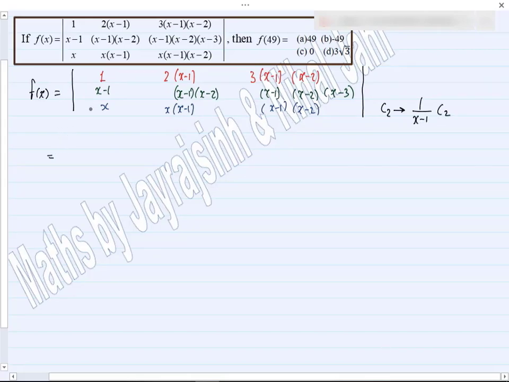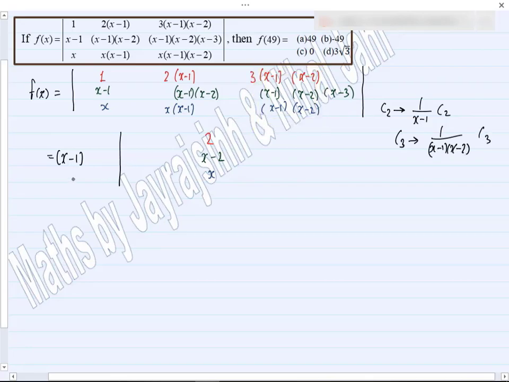So we have to multiply x minus 1 with the determinant, and our second column will be 2 x minus 2 and x are the remaining terms. Similarly, we can divide third column by x minus 1, x minus 2.